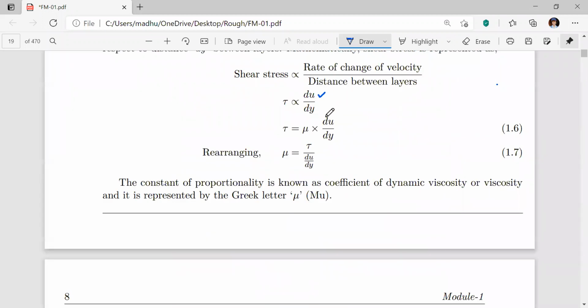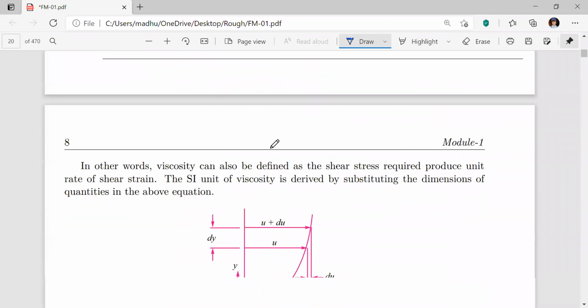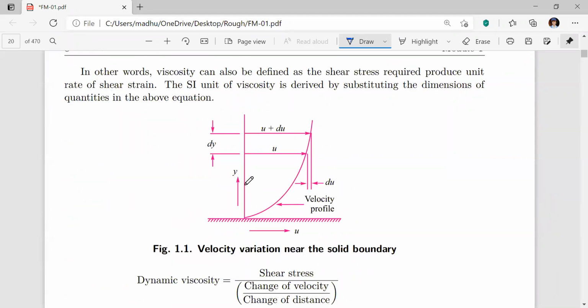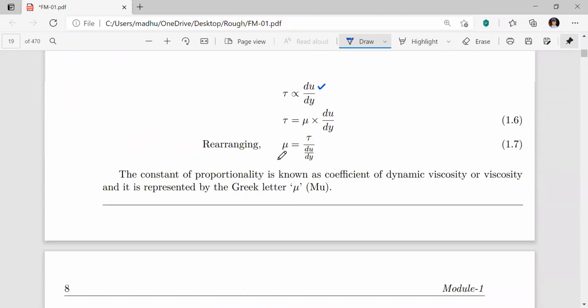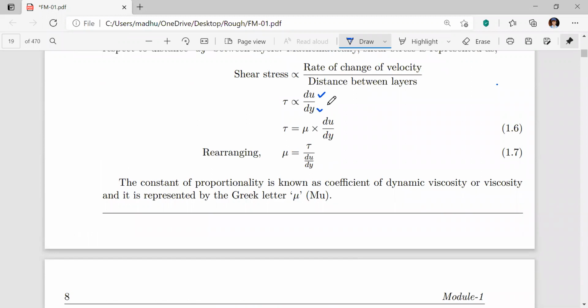Between these two layers, u is at a level of y and u plus du is at a level of y plus dy. Therefore, the distance between these two layers is dy. Therefore, shear stress tau is proportional to du by dy.